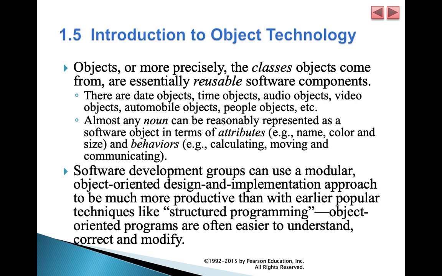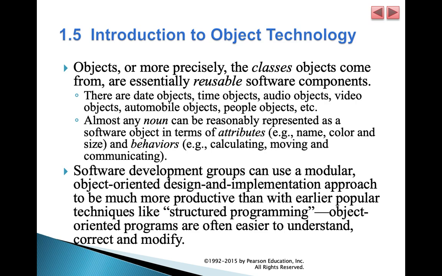So this chapter is just an introduction. I know many concepts will not be clear, but later you will really understand the meaning of these things. A software development group can use a modular, object-oriented design and implementation approach to be much more productive than earlier programming techniques.